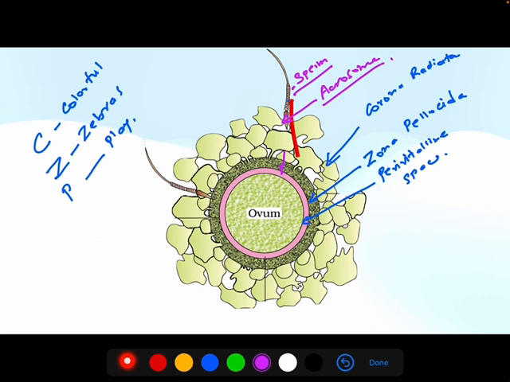So once this one single sperm crosses this barrier and enters the ovum, changes occur in the zona pellucida, and then this ovum will become impassable for the other sperms.